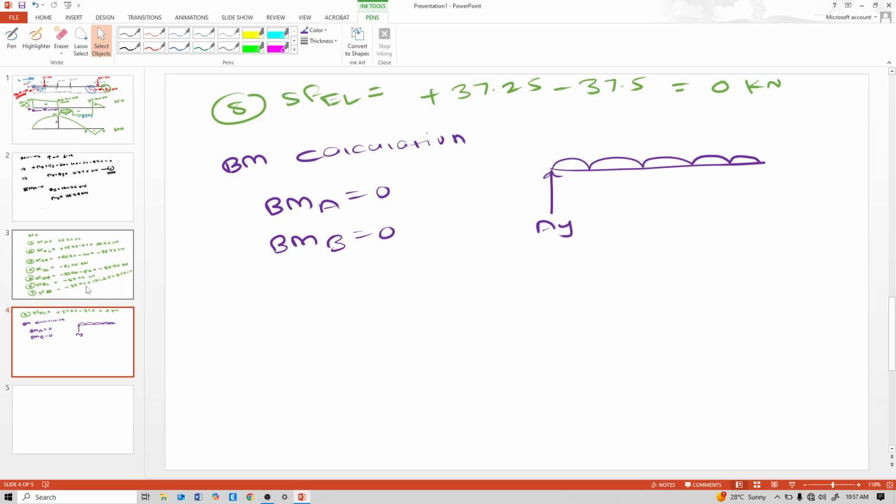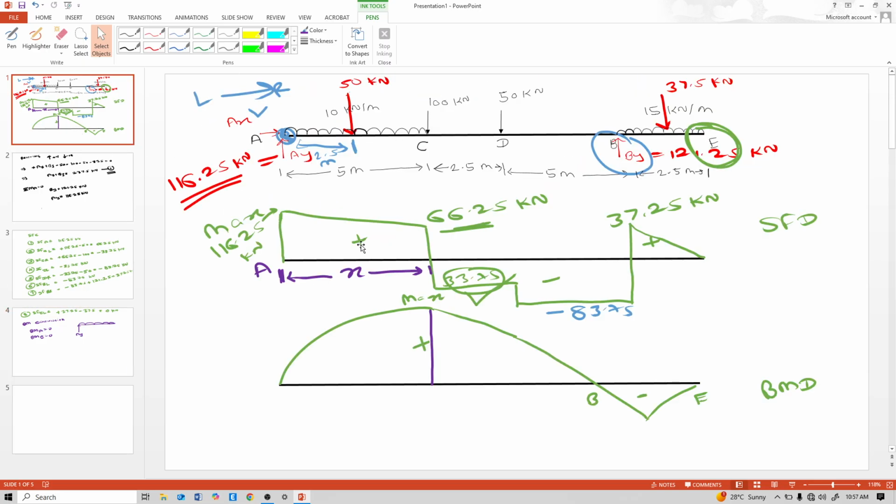So just put 5. Just calculate moment at this C point, because from A 5 meter distance means this C point. We will calculate moment at this C point. So AY is clockwise to that C point. So positive 116.25 into 5, because this is 5 meter distance. AY is vertical.